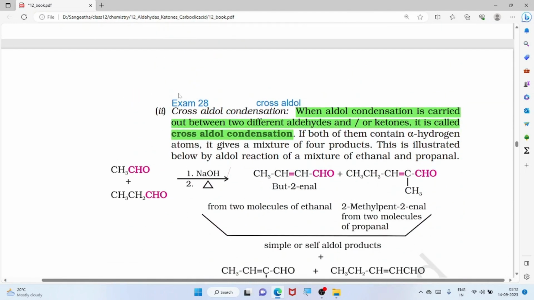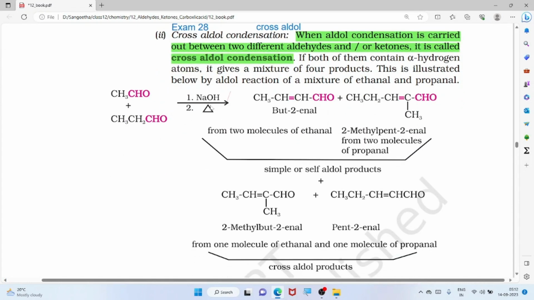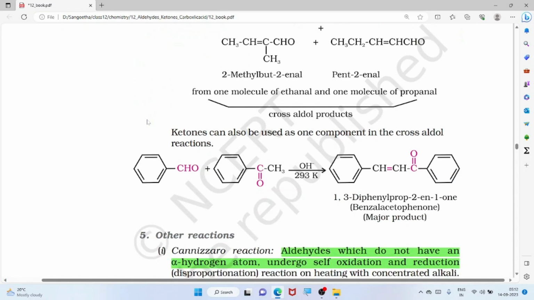Cross aldol condensation is when aldol condensation is carried out between two different aldehydes or ketones in the presence of NaOH.